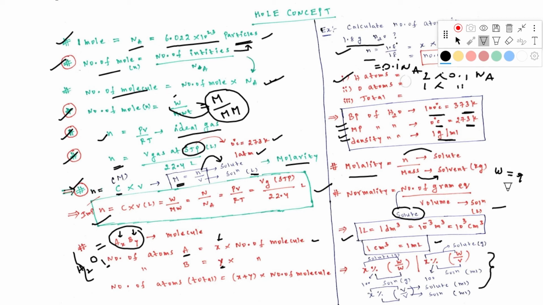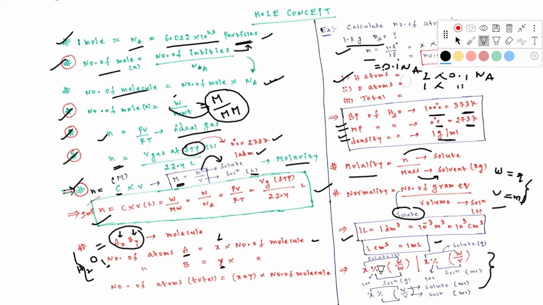And if you have the volume, you have to take it in ml always. In most of the questions you have to take it like this in general. Okay. And remember, X% W by W: this is in grams, this is in grams. Here W by V, this is grams, this is ml. Here V by V, both are ml.